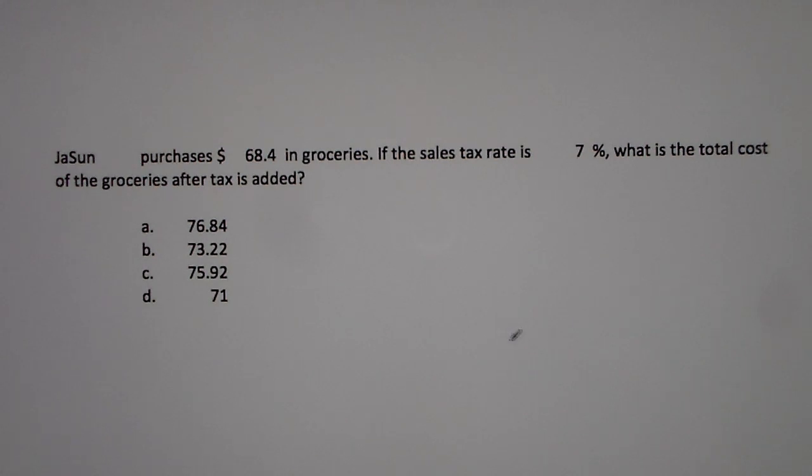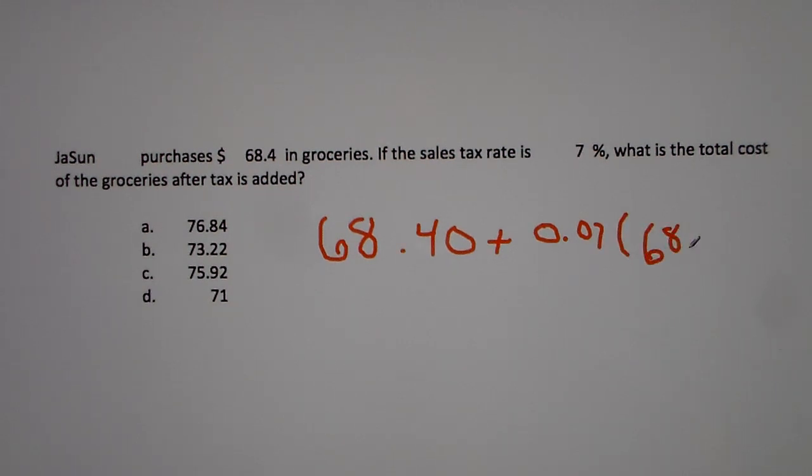There's a different problem. Jason purchases $64.40 in groceries. If the sales tax is 7%, what is the total cost of the groceries after the tax is added? So that means you're going to add 7%, so $64.40 plus the 7%, so plus 0.07 times the total amount of $64.40.